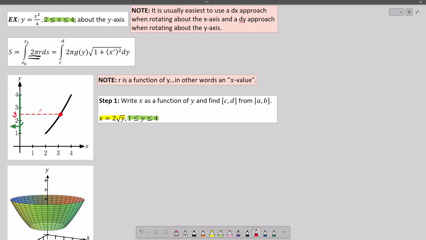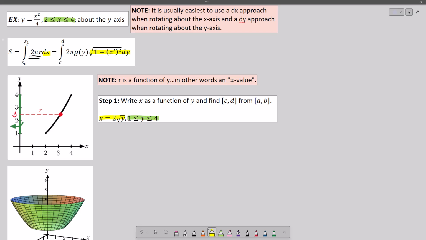And the idea is that if you take the circumference and integrate it with respect to s, so when you integrate with respect to s, you're imagining moving along the curve, that's going to give us surface area. So circumference integrated with respect to s. We don't know anything about s limits, so we have to convert the ds like we did when we were doing arc length. We convert the ds either to dx or dy with that formula. That's the arc length formula.